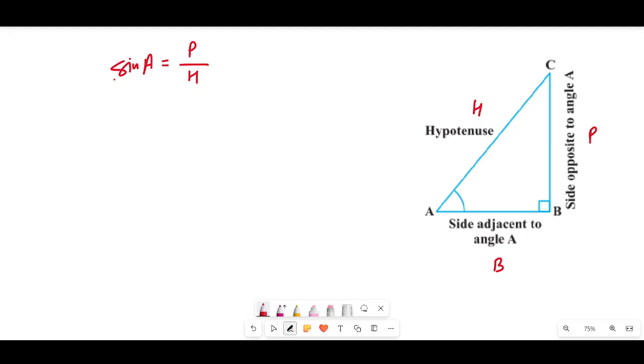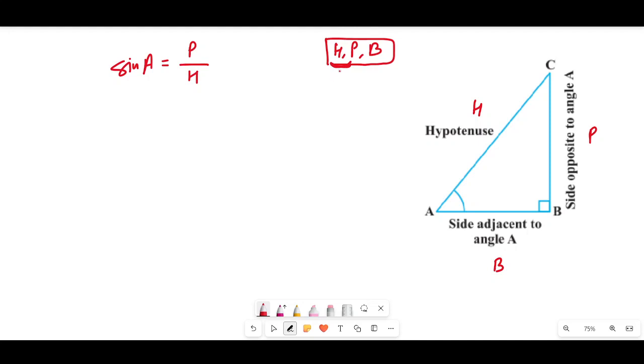Clear? So there are three sides: H, P and B. Of the three sides we will take 2 as a ratio at one time.